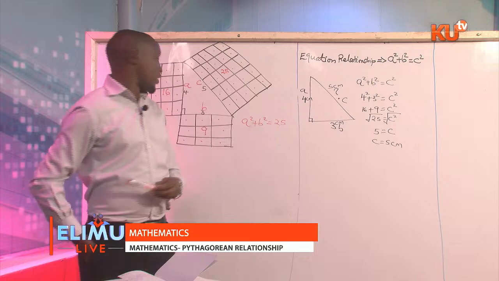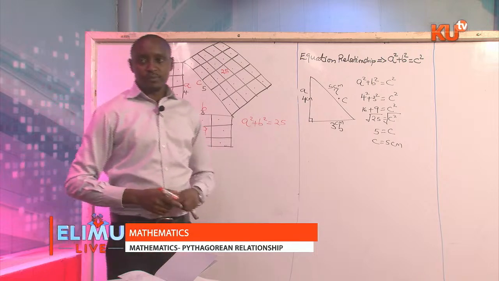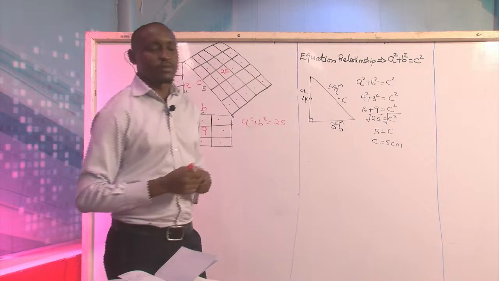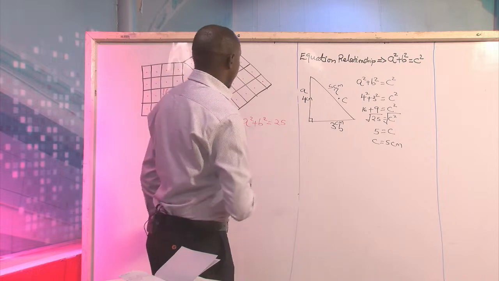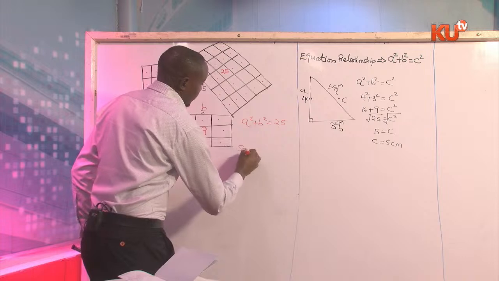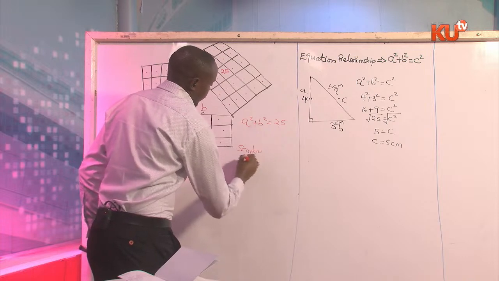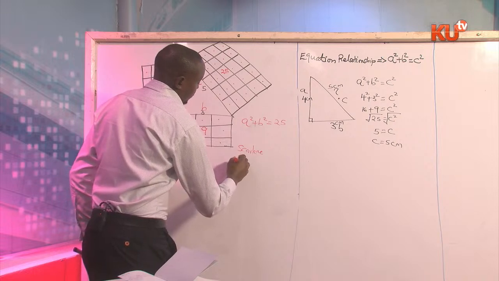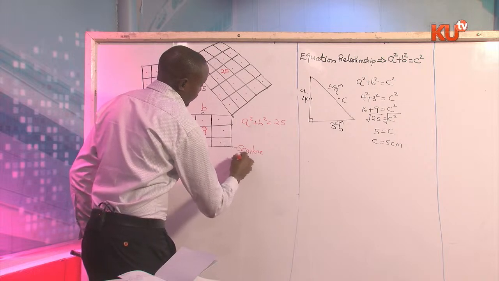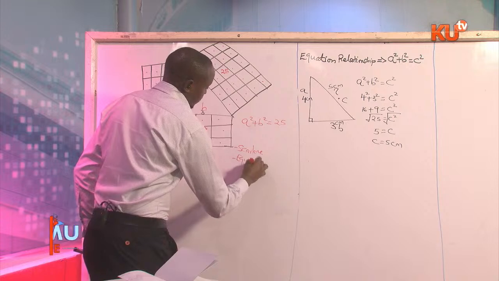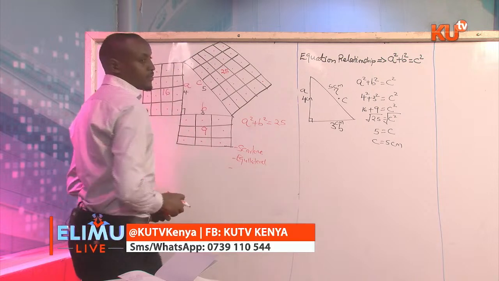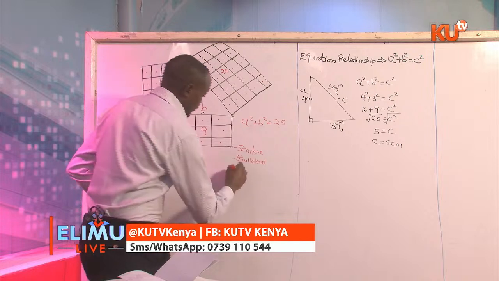Remember, students, this does not apply to other types of triangles. We have other triangles like the scalene, the equilateral triangle, and we also have what we call the isosceles.